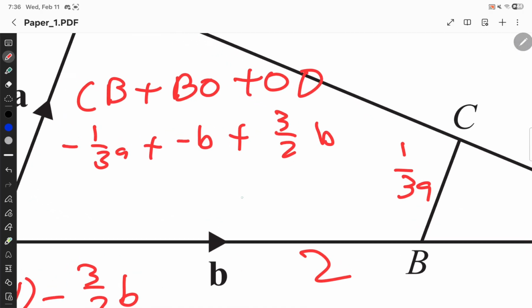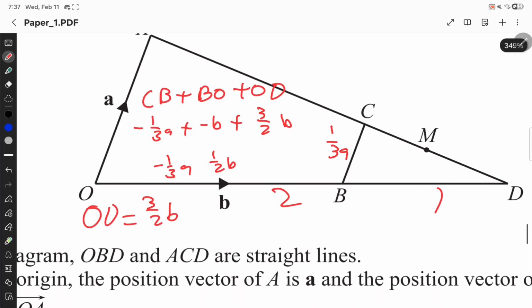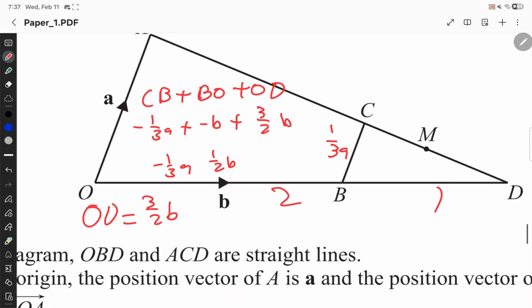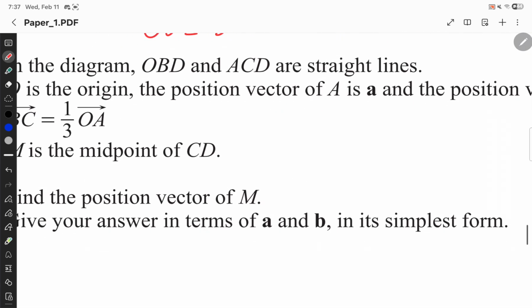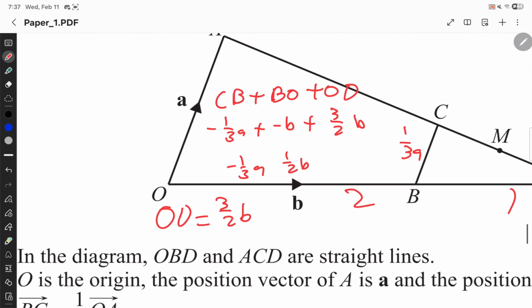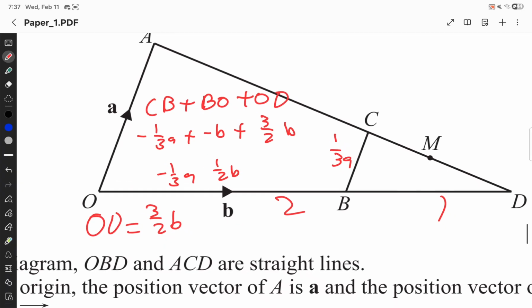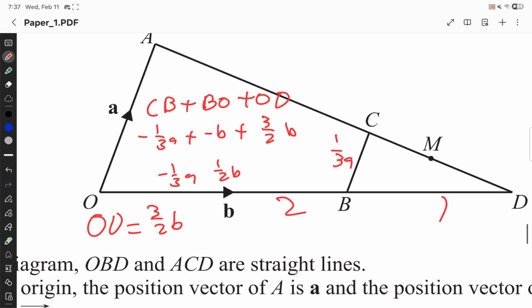Oh my god, 3 over 2 is 1.5. This is a half b, negative a third a, and this is our final equation. No, this is CD. This is only CD. We need to find OM.